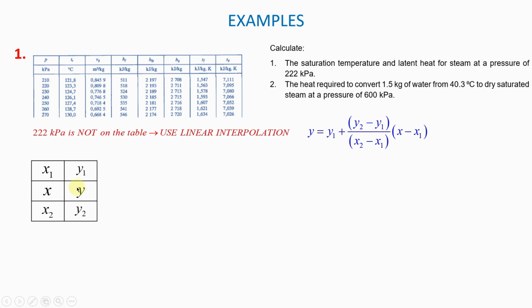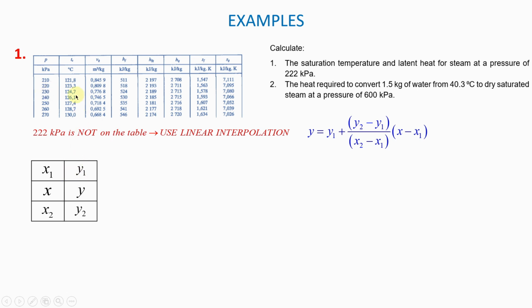So that we can find y here, because we're looking for the saturation temperature for 222, which is between 220 and 230. So x will be our 222, and TS for 222 that we're trying to find will be somewhere between 123.3, which is the TS for 220, and 124.7, which is the TS for 230.